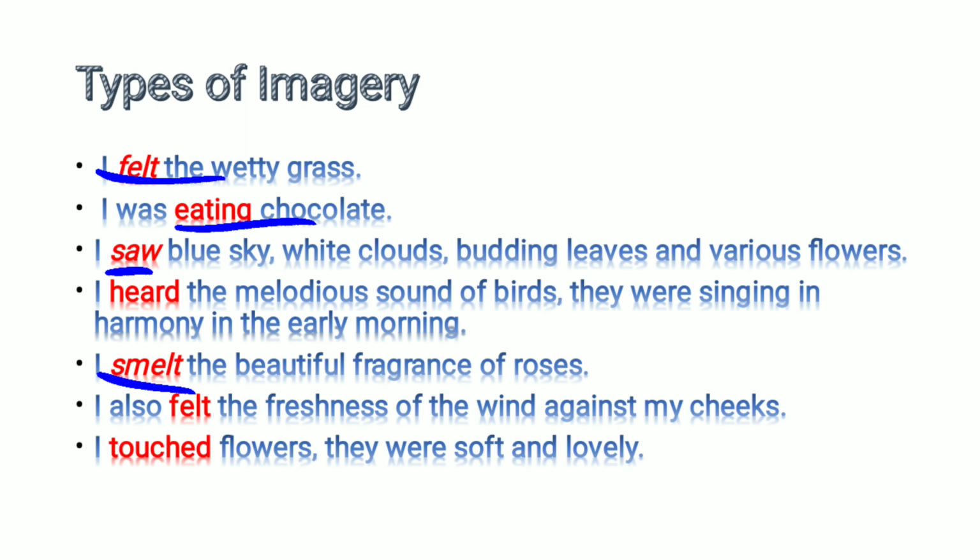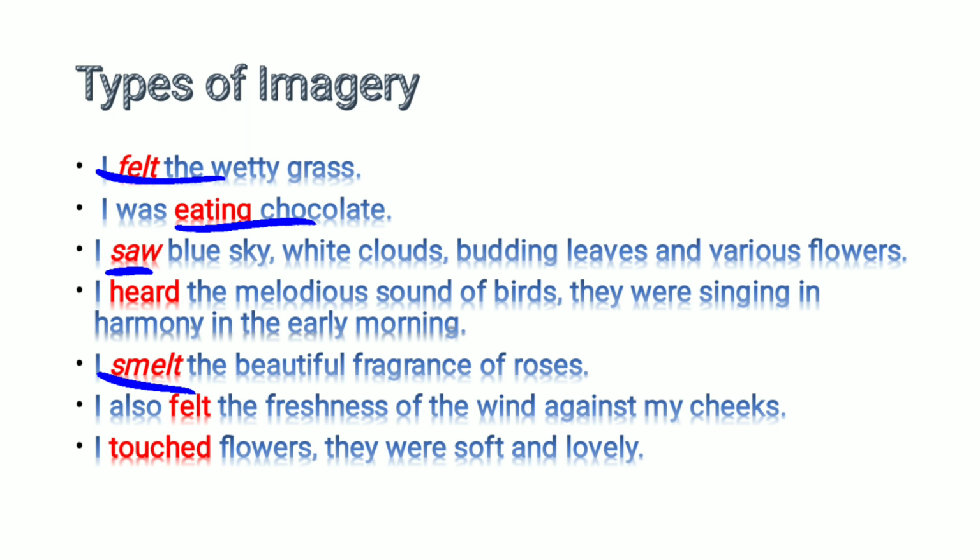In the next sentence, I also felt the freshness of the wind against my cheek. Here again comes felt. And as I told you, when we are dealing with feeling and touching something, that kind of imagery is known as tactile imagery. So we can say that in this sentence, writer again uses the tactile imagery.